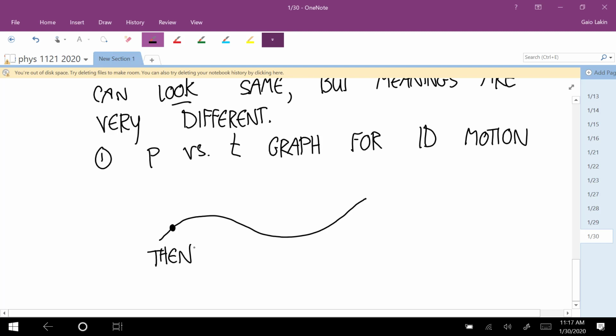Then the velocity is a number given by the slope.